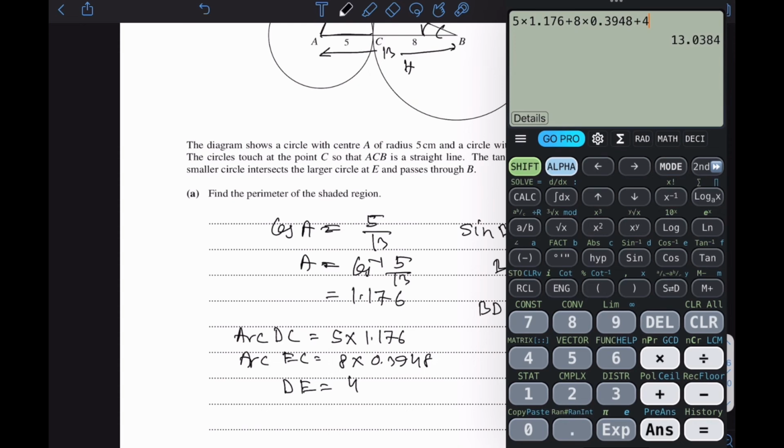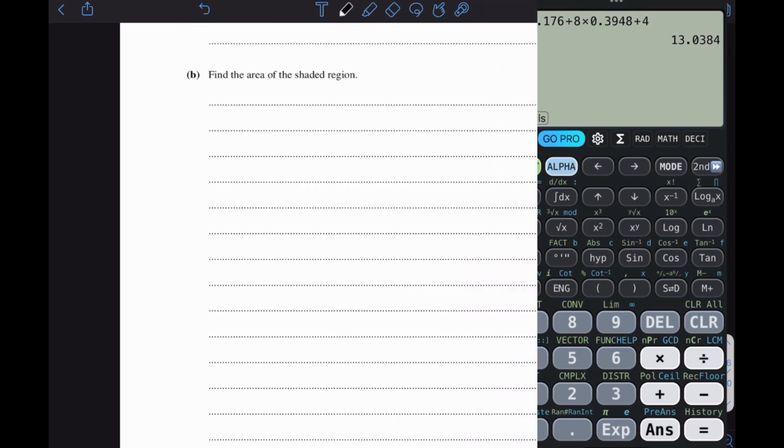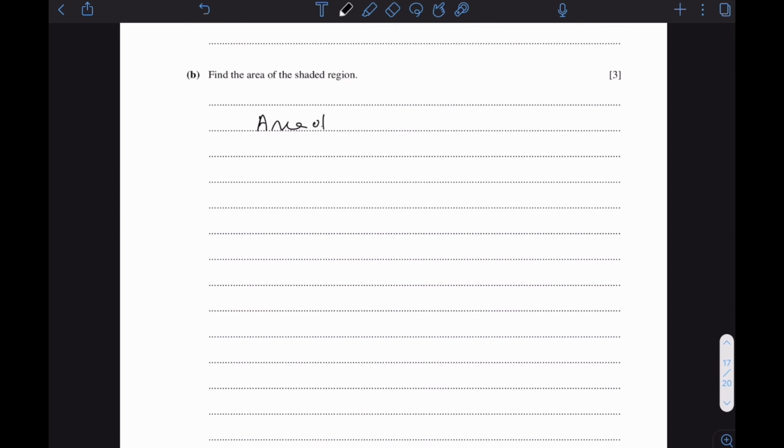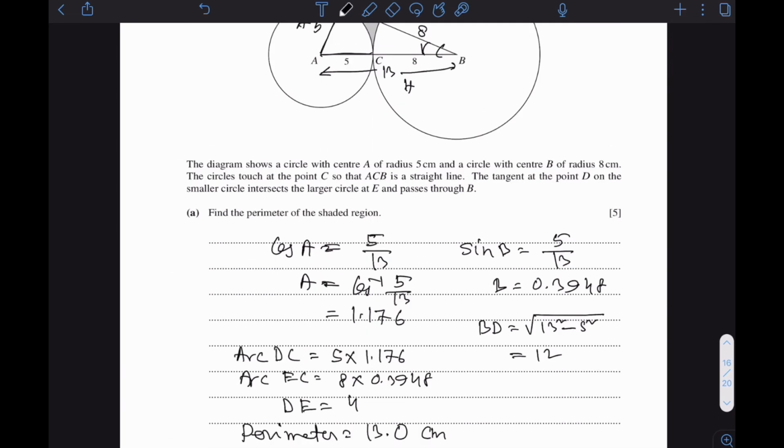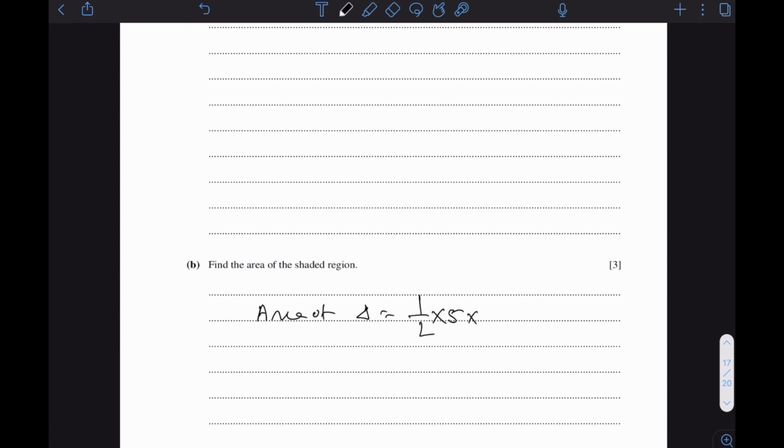So this is 13.0. So the perimeter is 13.0. The triangle. Area of triangle, half into 5 into height, that is 12. That is 30 centimeters square.